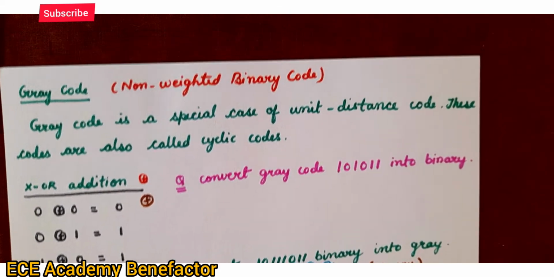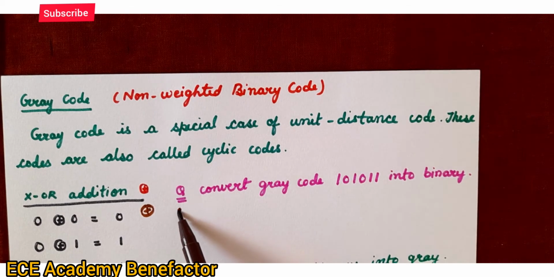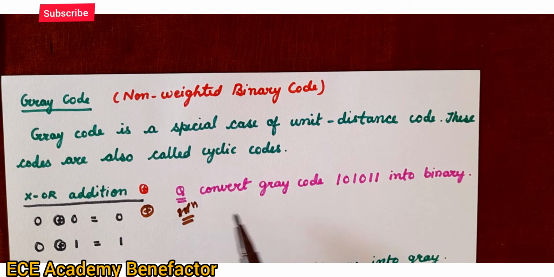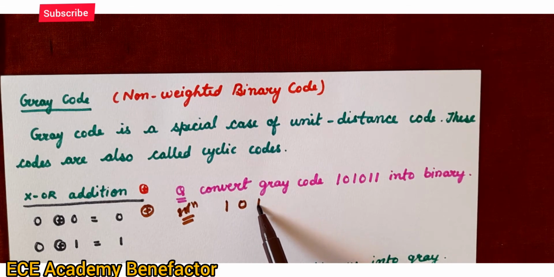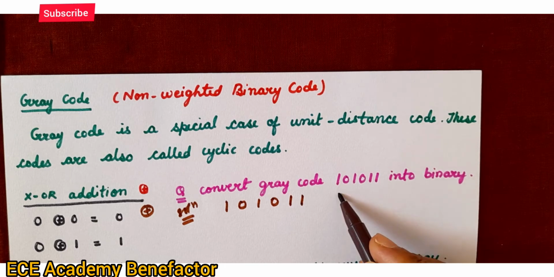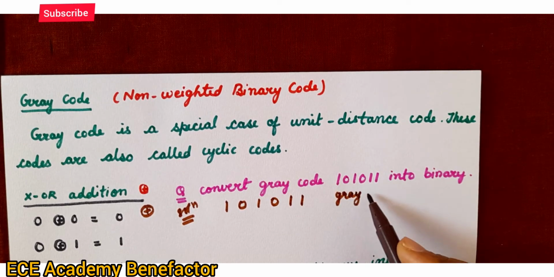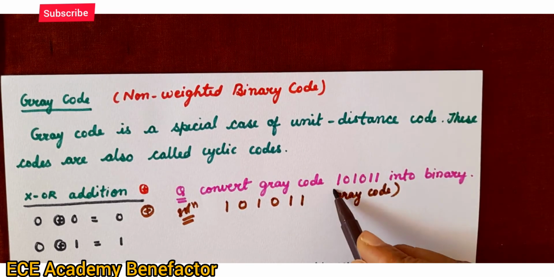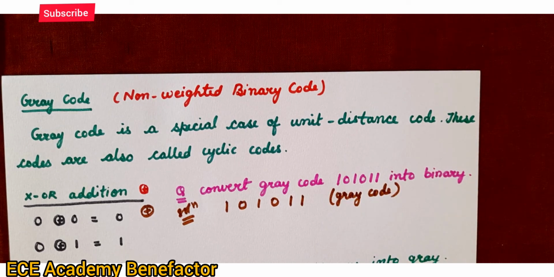For Gray to binary, now let us see this question. Here the Gray code is given as 1 0 1 0 double 1. This is the Gray code given. Gray is a non-weighted binary code.